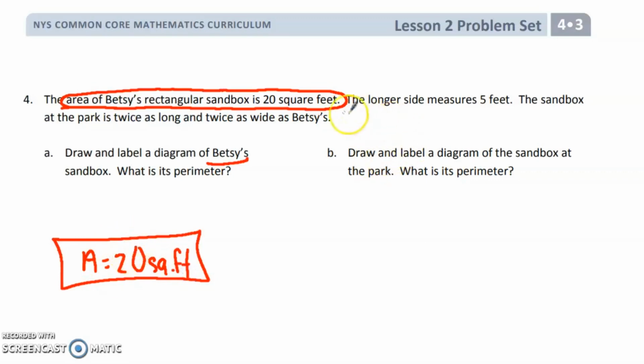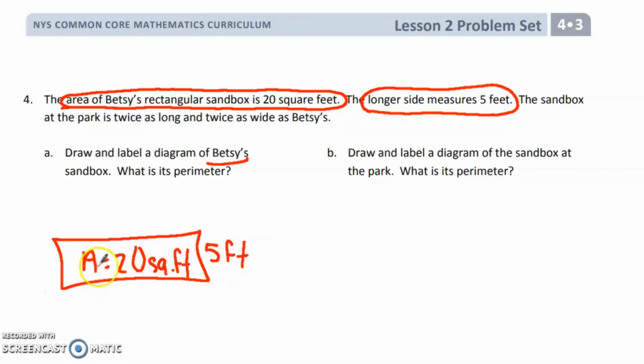Now, in Betsy's rectangular sandbox, we also know that the longer side measures 5 feet. So that means the side is 5 feet.